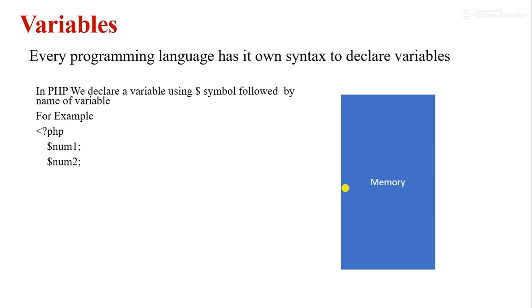Then we declare the variable num2. While declaring a variable, first we write the dollar symbol, followed by the variable name, then the semicolon. Similarly we can declare variable 2 by using the dollar sign followed by the variable name and the semicolon.